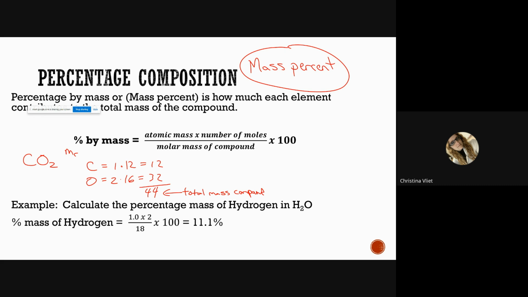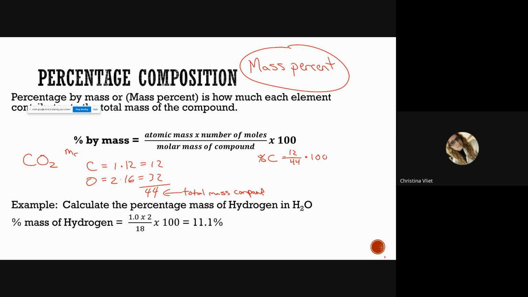44 times 0.12. I would say close. The way to get the percentage of carbon is basically just to take the mass of the element in that compound, divide by the mass of the total compound, and multiply by 100. See if this makes sense to you.